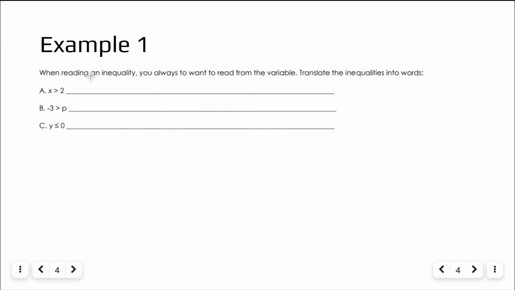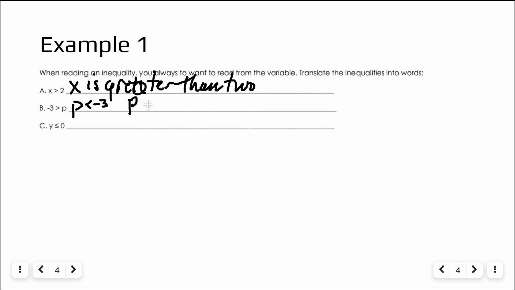All right, so when reading an inequality, always read from the variable. So this says x is greater than 2. Now we'll reverse this. We'll write it like this. Read it from right to left.